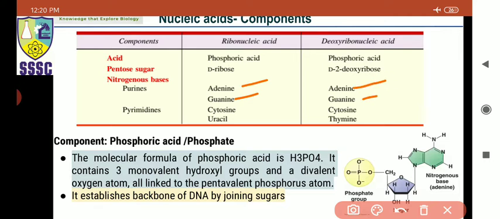Cytosine is found in both, but uracil is found in RNA, not in DNA, and thymine is found in DNA, not in RNA. So only these pyrimidines differ. The rest of the three are common. Uracil and thymine are found differently in DNA and RNA.